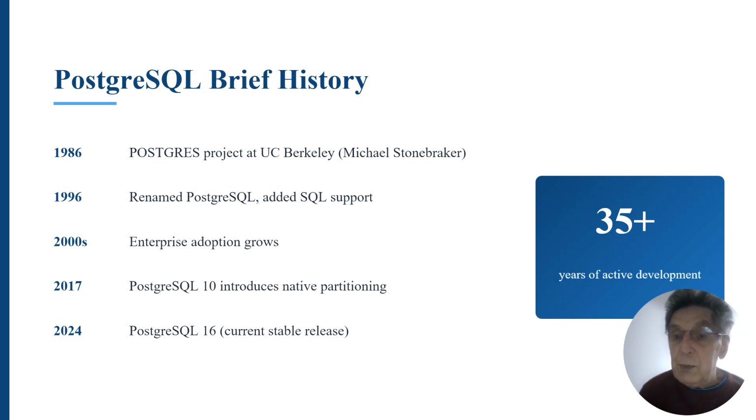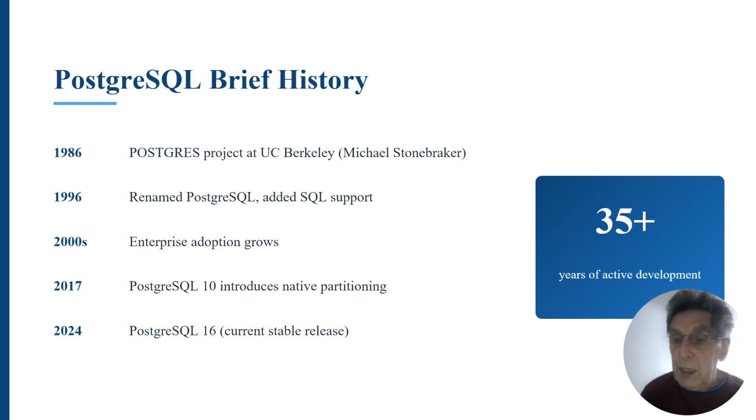In 1996, it was renamed PostgreSQL when SQL support was added. The community debated the name for years. Through the 2000s, enterprise adoption grew as companies realized open source didn't mean it was for dummies or amateurs. In 2017, PostgreSQL 10 introduced native partitioning, critical for large healthcare datasets with billions of rows.